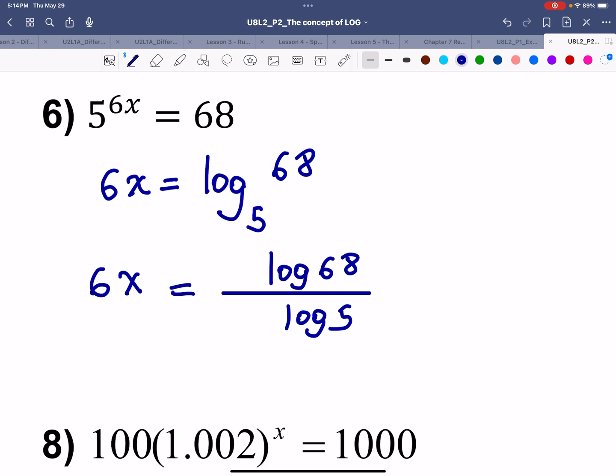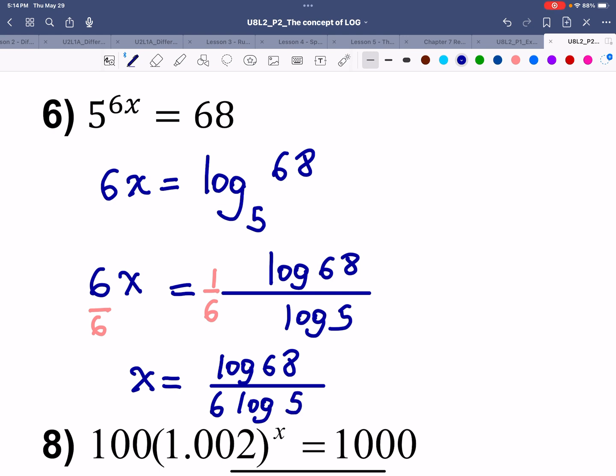And if we want to get x, then we divide both sides by 6, or multiply by 1/6, same thing. And from here we get x equal to log 68 divided by 6 log 5. And log 68, divide this by open brackets 6 times log of 5 is equal to 0.44. That would be the answer.